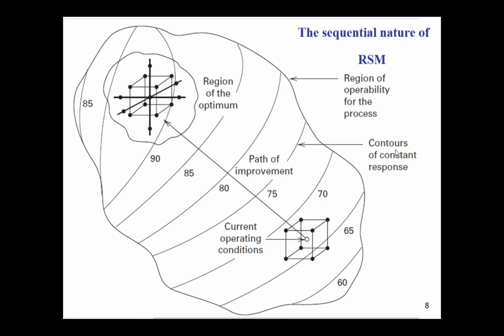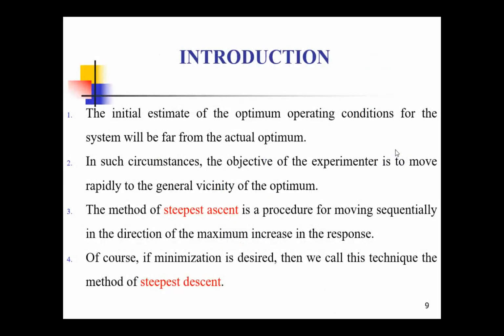So we are going to find out the optimum condition within that design space. So we are at a particular position now, and we are going to move towards the region of optimum condition.